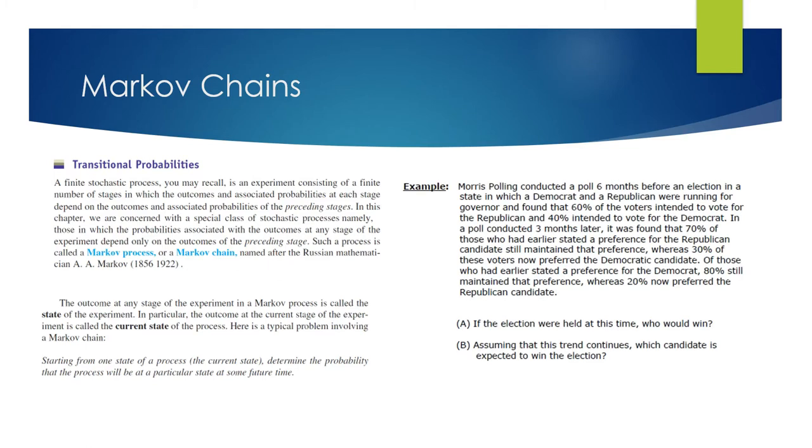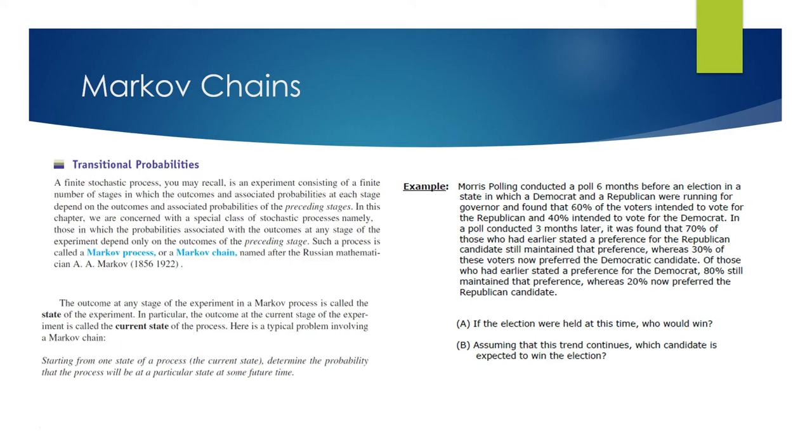Here's an example of a type of problem that you would tend to see. Morris Polling conducted a poll 6 months before an election in a state in which a Democrat and a Republican were running for governor and found that 60% of the voters intended to vote for the Republican and 40% intended to vote for the Democrat. In a poll conducted 3 months later, it was found that 70% of those who had earlier stated a preference for the Republican candidate still maintained that preference, whereas 30% of these voters now preferred the Democratic candidate.